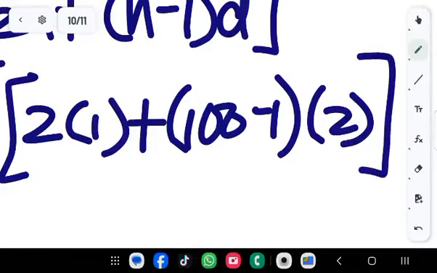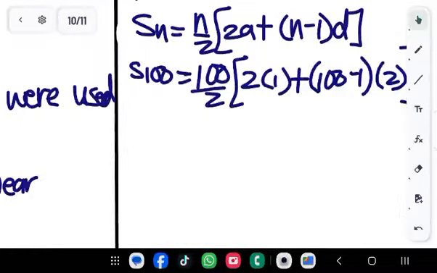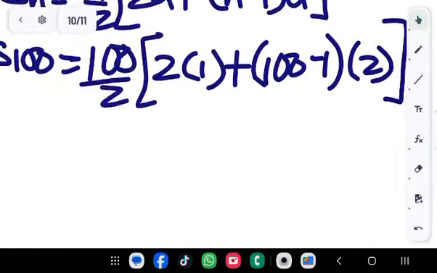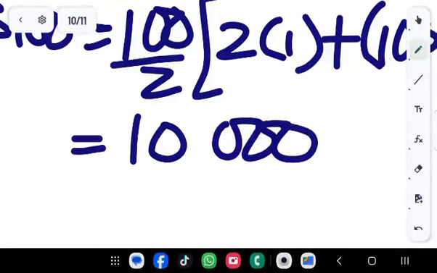D is 2, I believe. And that gives us an answer of, let's see how many tiles in total we have. On the calculator: common fraction button, 100, downward arrow, 2, right arrow, open bracket, 2 times 1 plus 99 times 2, close bracket, equals, and that gives us 10,000. So that is covered by a total of 10,000 tiles.